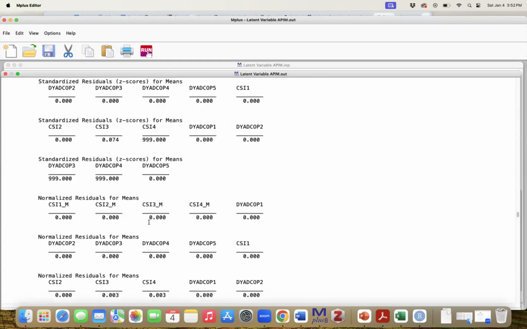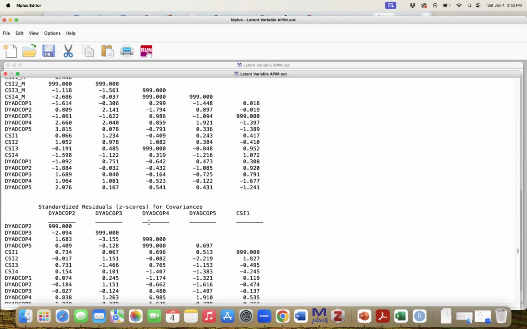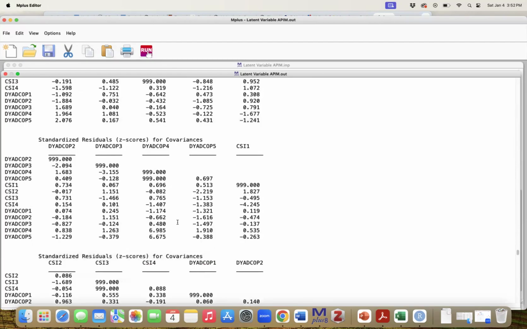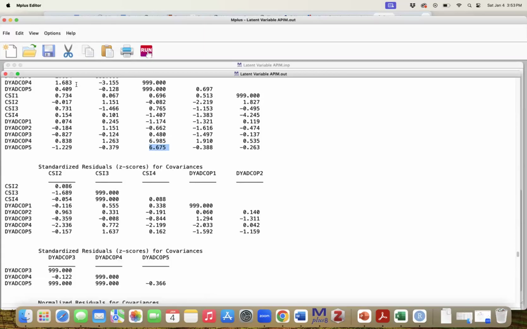And then we'll scroll down to our residual matrix to see what's going on down there in terms of our problematic items. And as you can see here, these items are still causing a lot of problems. Right? So even when we're correlating them with each other, it's still resulting in an overestimation of the covariance.